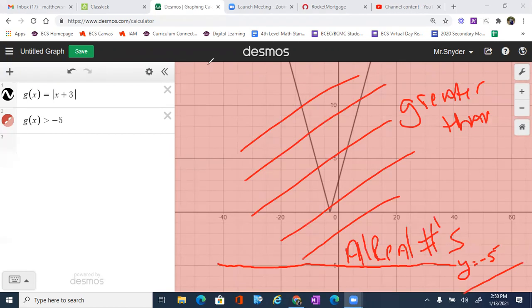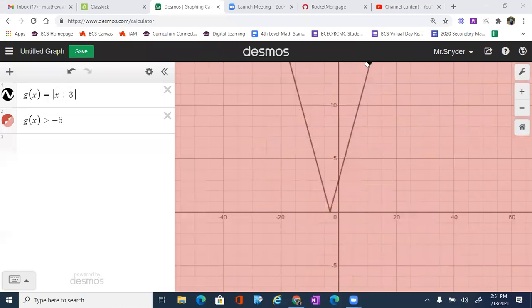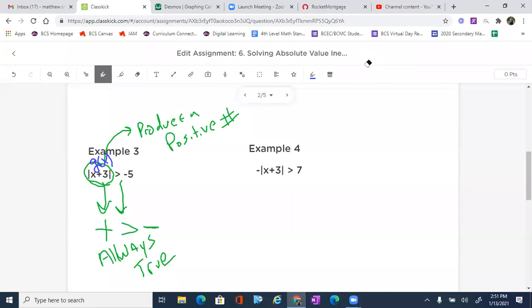In other words, we can write all real numbers, or -infinity all the way over to +infinity. So let's clear that out. We know that it's always true, so we say for all real numbers, and in interval notation we go from -infinity to +infinity.